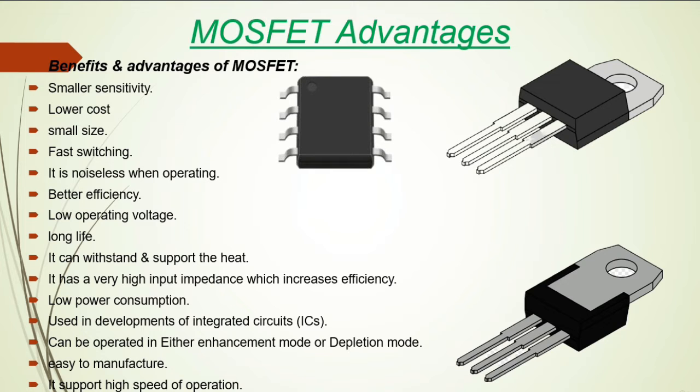The next advantage is better efficiency. Of course, it has a better efficiency. Low operating voltage: its operating voltage is from 3 to 5, so it can be operated with 3 volts, 5 volts, etc. So low operating voltage and long life.